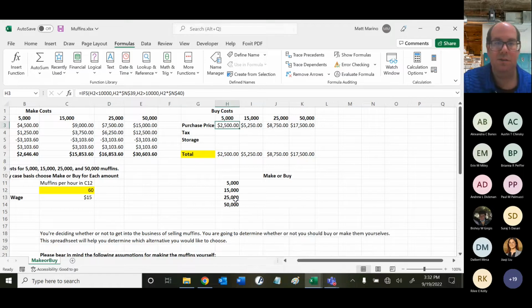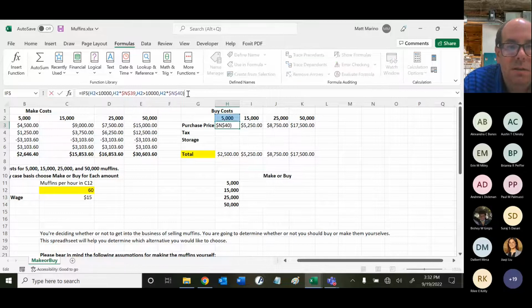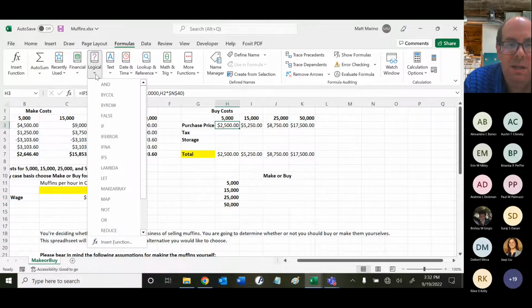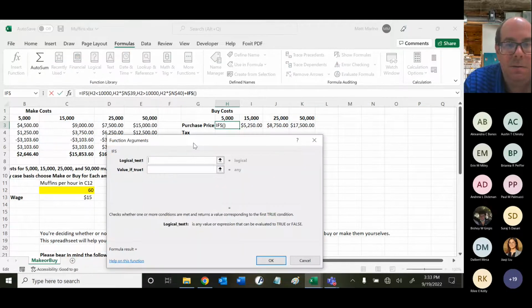So did you type it in or did you use the formula? I typed it in personally. Is anybody else having that issue? Okay, try typing it in using the formula. So go to Formulas, Logical, IFS, and type it in that way.